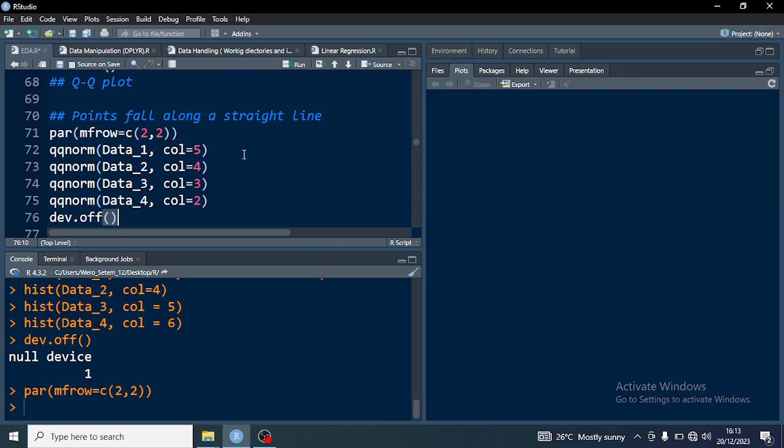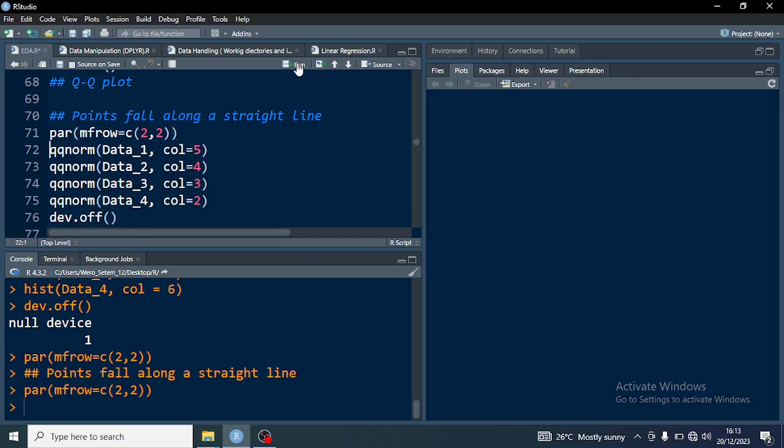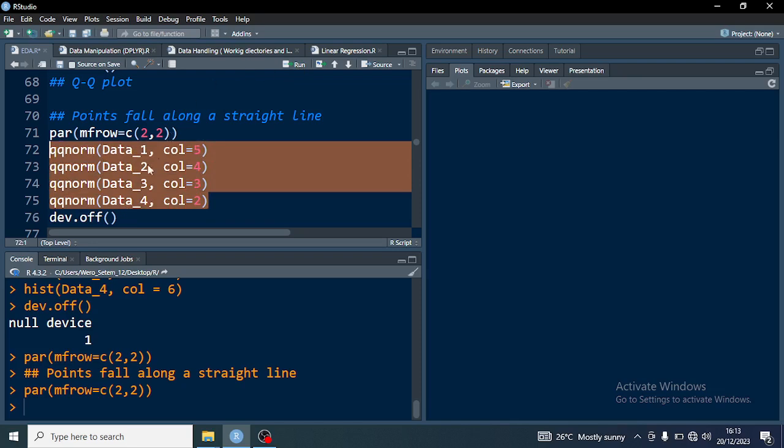I want to plot this in one window, so I'll use par(mfrow = c(2, 2)) on that. Then I run all this together: qqnorm of data 1, qqnorm of data 2, qqnorm of data 3, qqnorm of data 4.